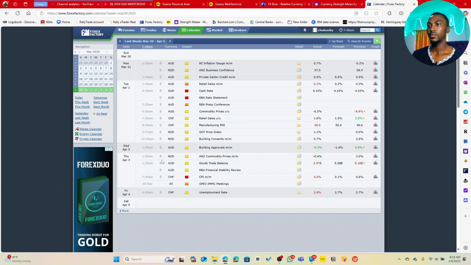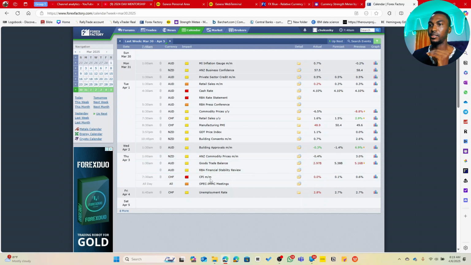On Thursday, this happened. The New Zealand dollar is still on the average level, but the Australian dollar released a very terrible trade balance, extremely terrible. It is bad, real bad.